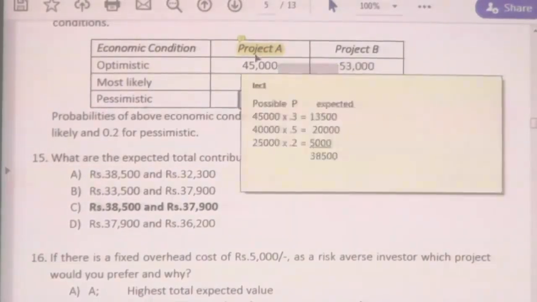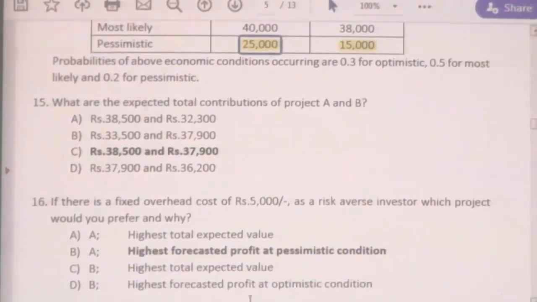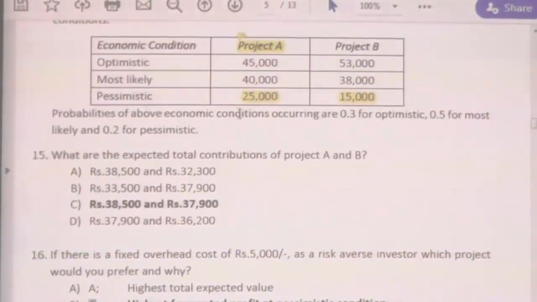He will select project A under the pessimistic condition. Here he will select project A, highest forecasted profit at pessimistic condition. Therefore, simply you can say risk averse investors use the maximin rule, and risk lovers use the maximax rule. If the examiner asks what is the maximax rule, you have to select the highest answers, and the highest out of the highest.